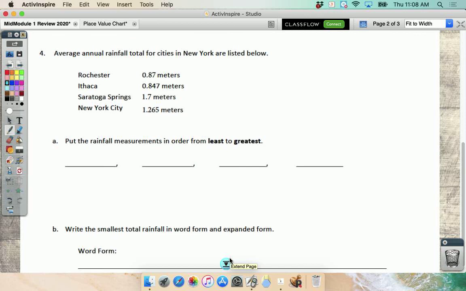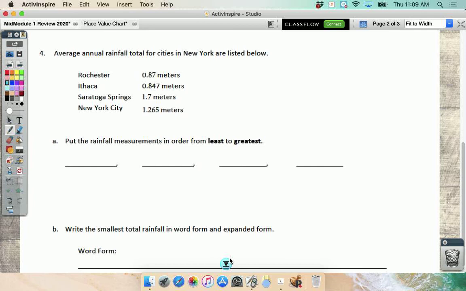Okay, so it says average annual, that means in a year, rainfall total for cities in New York are listed below. Now this is kind of mind-blowing, I guess. New York City has 1.265 meters of rain a year. So 265 thousandths would be 265 millimeters.